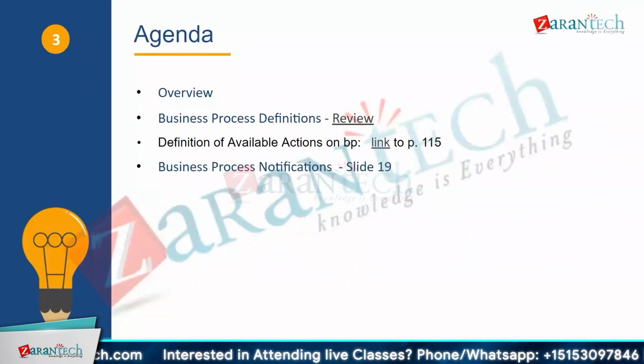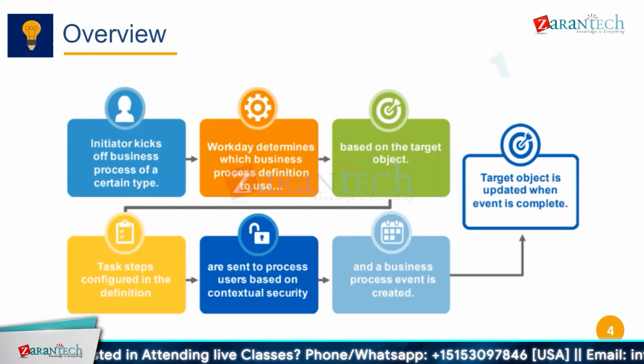So the agenda for the business process framework is going to be an overview about what business processes are, business process definitions, review, definition of available actions, and business process notifications. Overview: how does a business process work? The initiator kicks off a business process of a certain type.